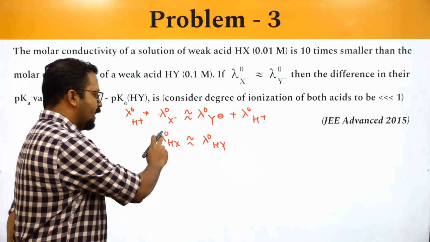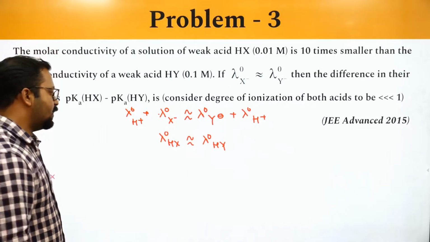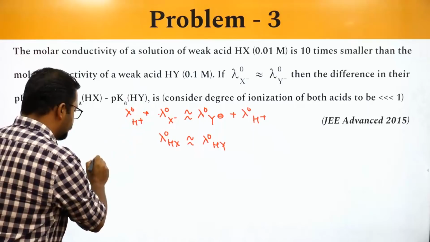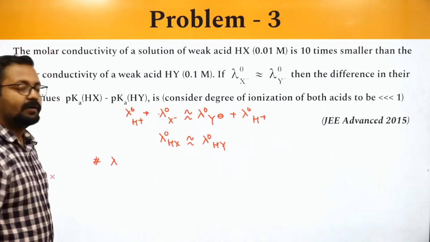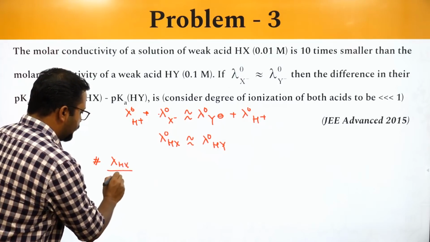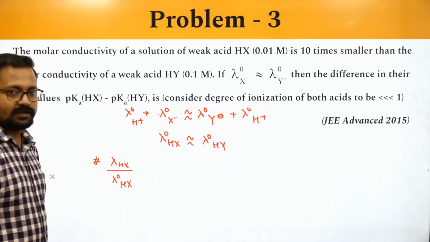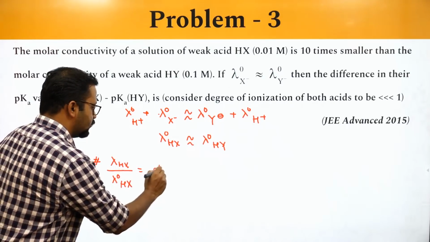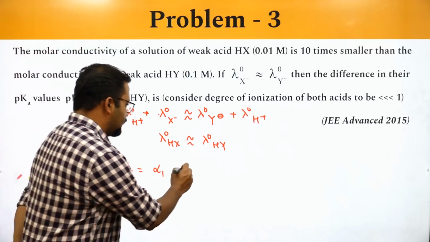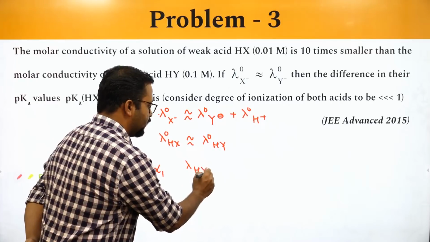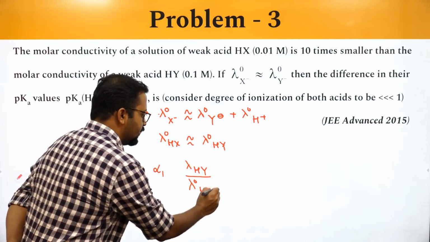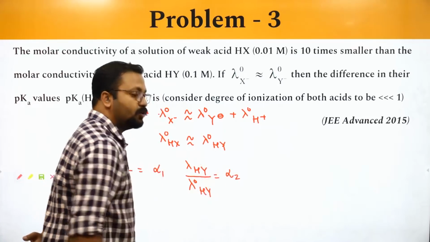Okay, I will obtain lambda naught hx, which is equal to lambda naught hy. Now let's move on to something else. I will take this relation that lambda at any concentration by lambda naught for hx is equal to alpha 1, and lambda for hy at a given concentration by lambda naught for hy is equal to alpha 2.